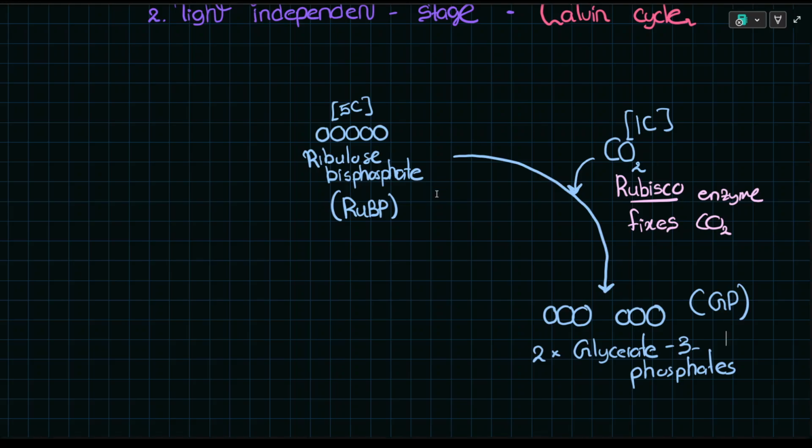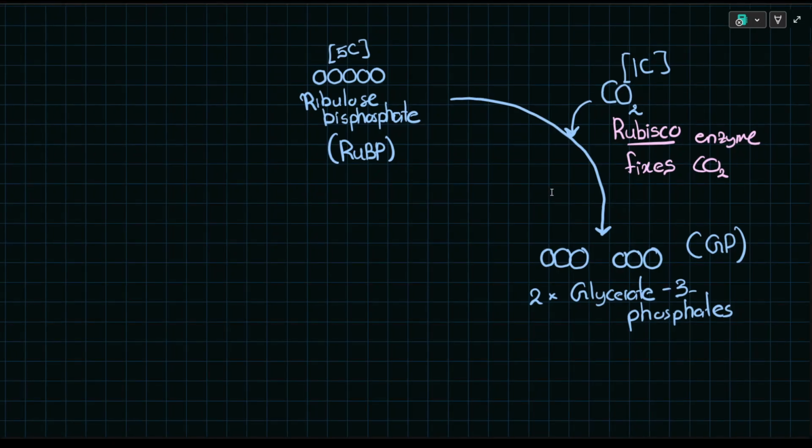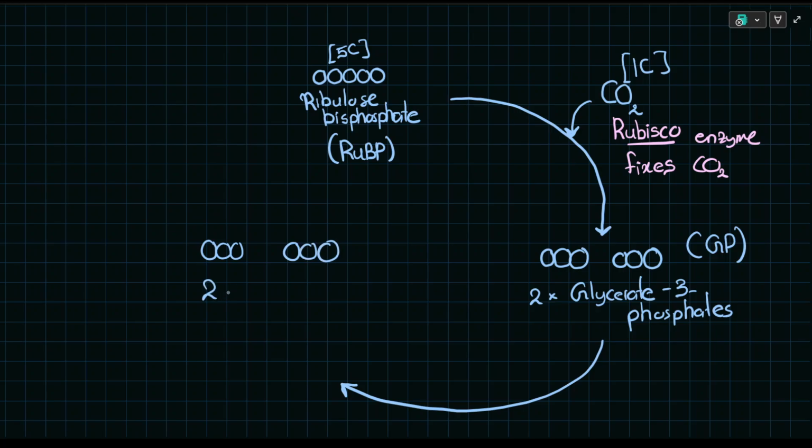Simple, right? And then we have the final compound of this pathway. Once again, 1, 2, 3, 1, 2, 3. Now we have 2 triose phosphates, TP for short.